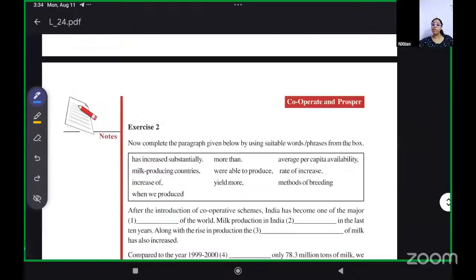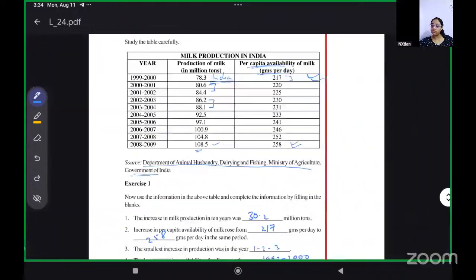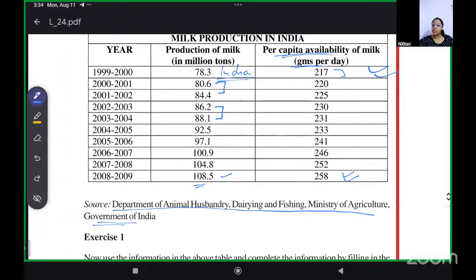What I want you all to do is check out the production of milk in India in million tons for the year 2023-24.